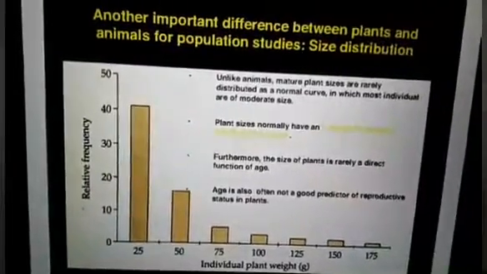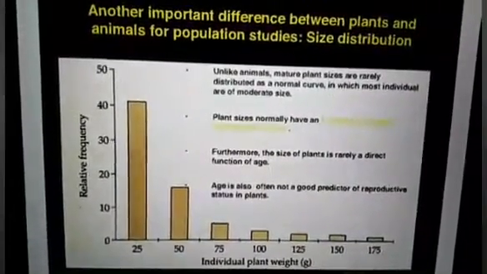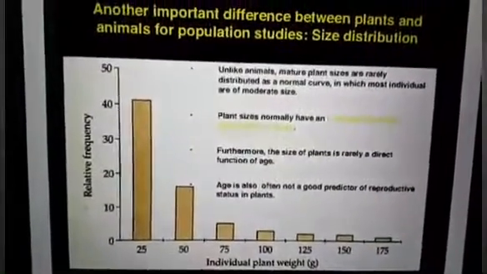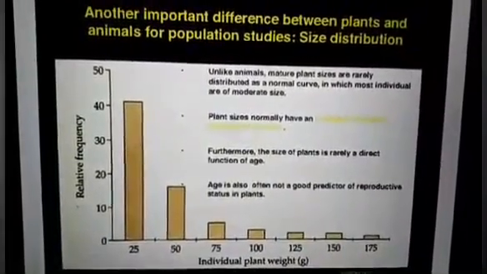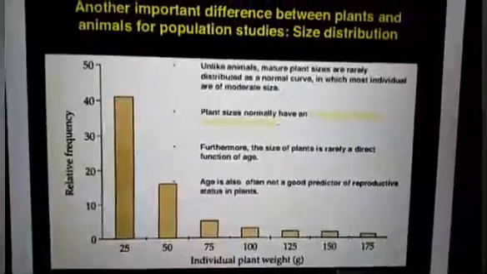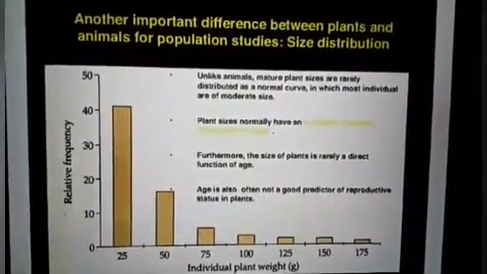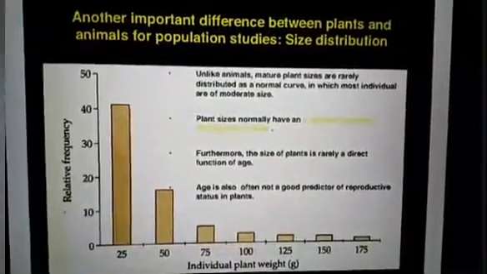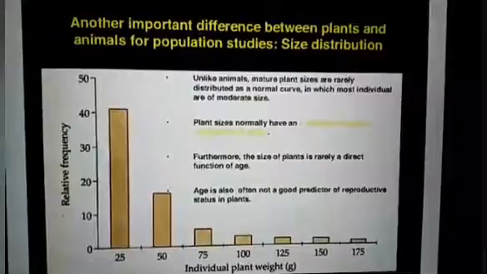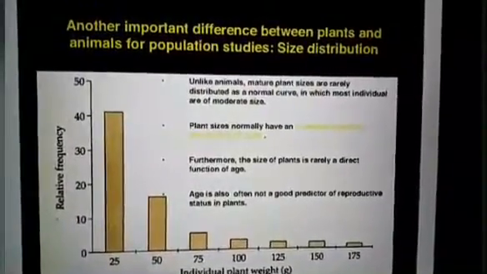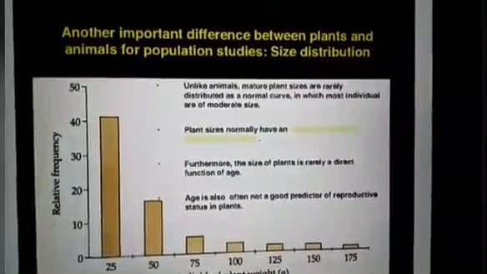Another important difference between plants and animals for population studies is the size distribution. Unlike animals, mature plant sizes are rarely distributed as a normal curve, in which most individuals are of moderate size. Plant sizes normally have an L-shaped frequency distribution.